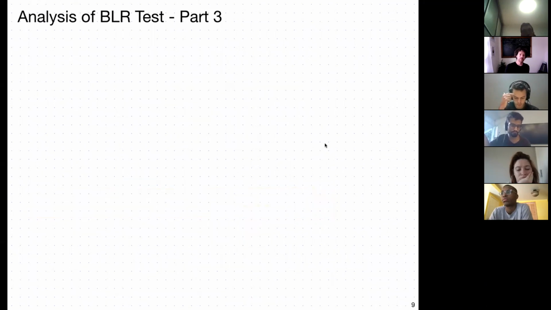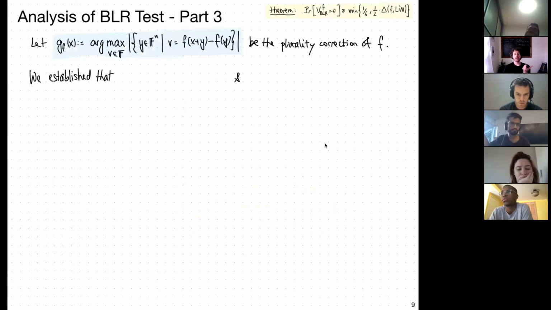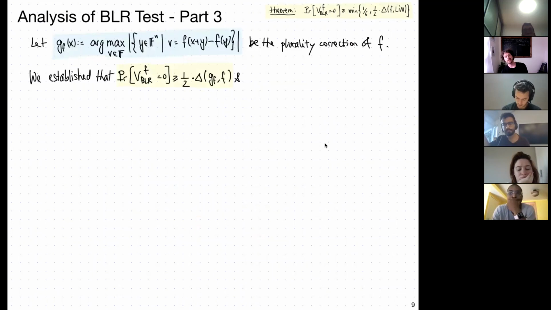Okay, so now let's prove the last thing that we need. We remember that we want to prove this theorem, that the rejection probability, or the number of bad triangles, is the minimum between a sixth and half the distance from F to being linear. We had this correction function, and we proved, first of all, that the quantity we care about, the rejection probability, is at least the distance from this particular correction function.